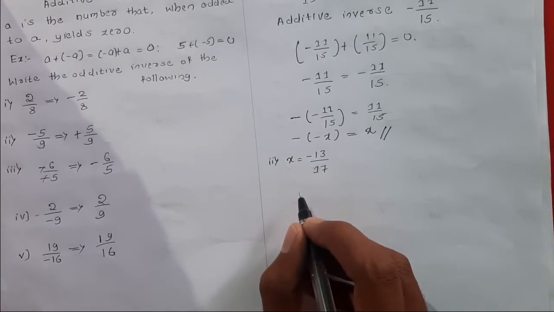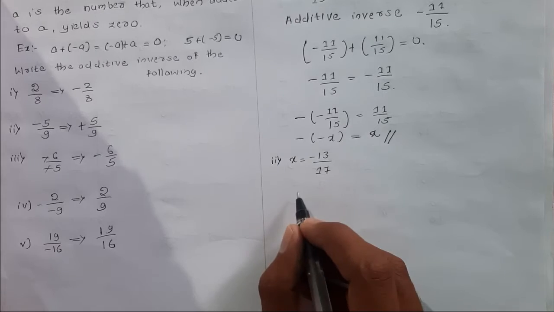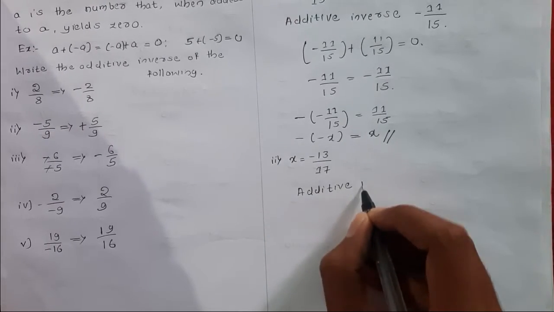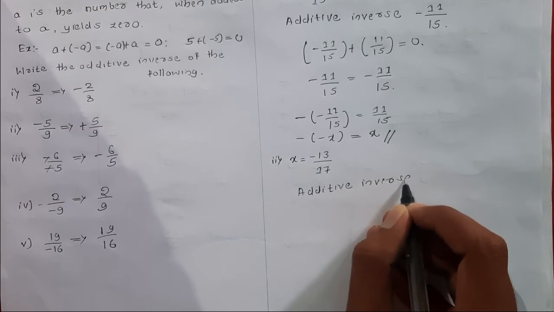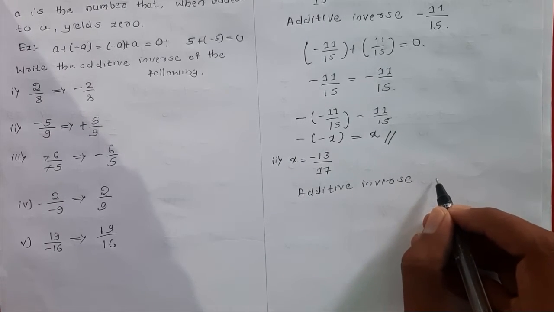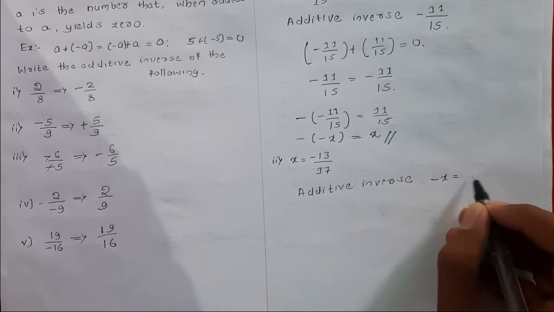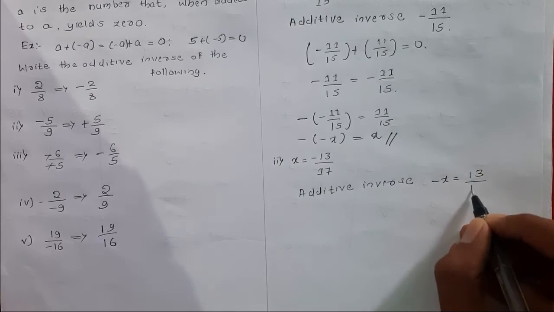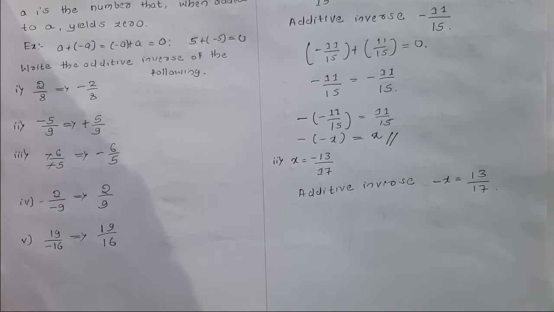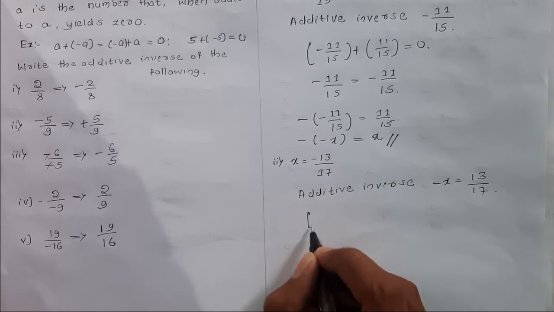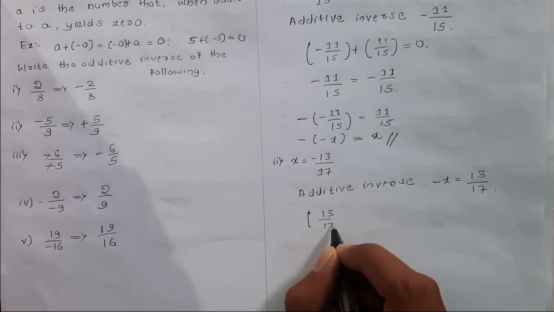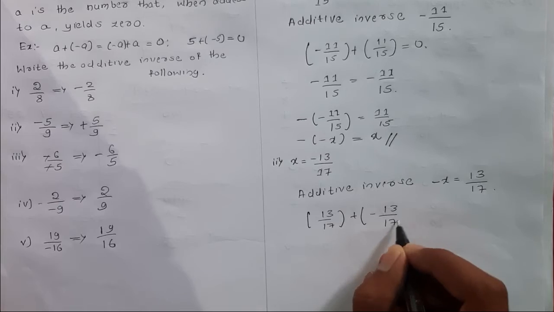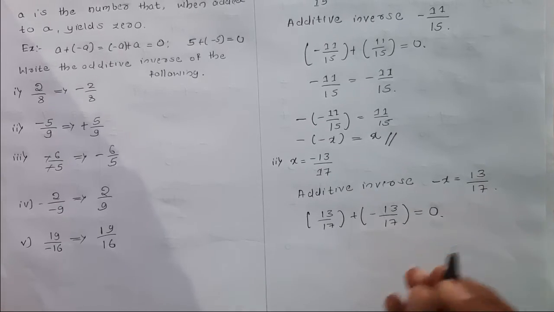Next question. Third one. The additive inverse of the given x is equal to minus x equal to plus 13 by 17. Then 13 by 17 plus minus 13 by 17 equals 0.